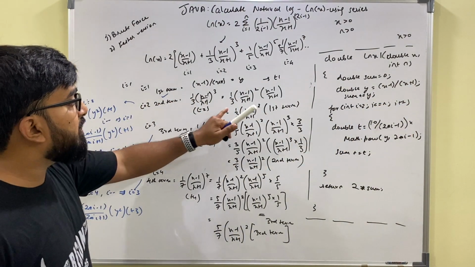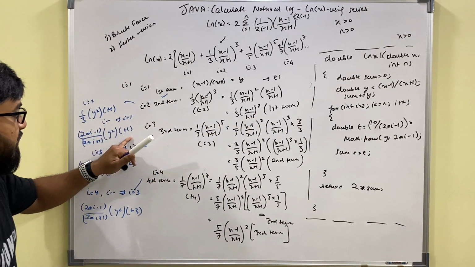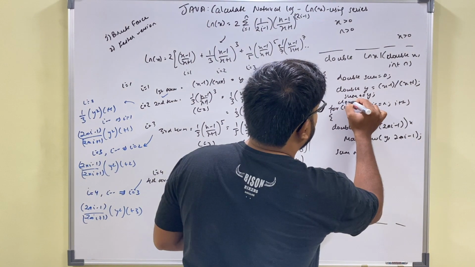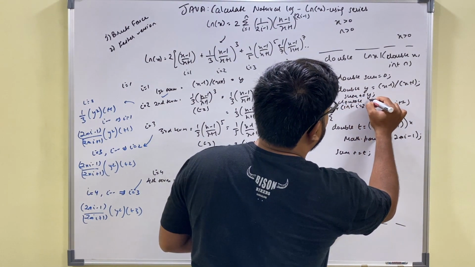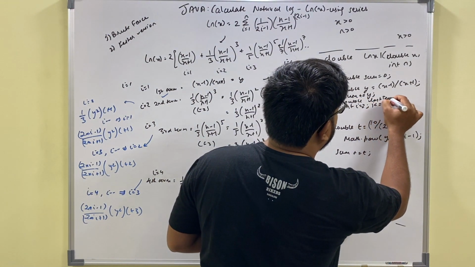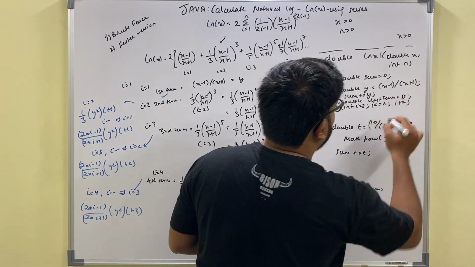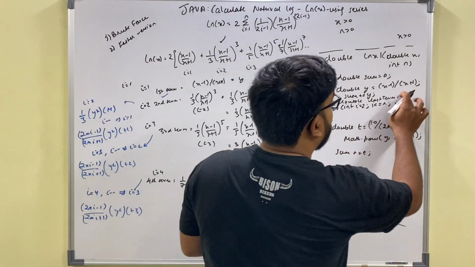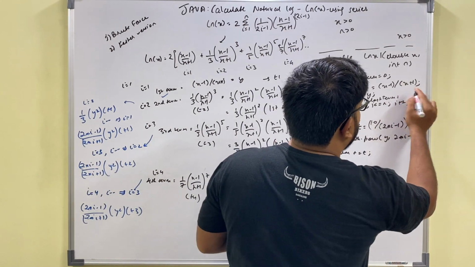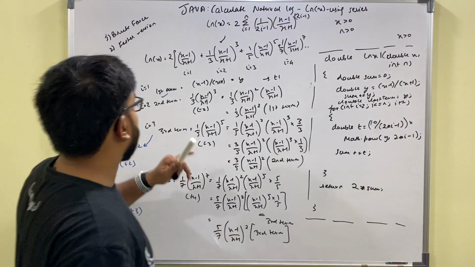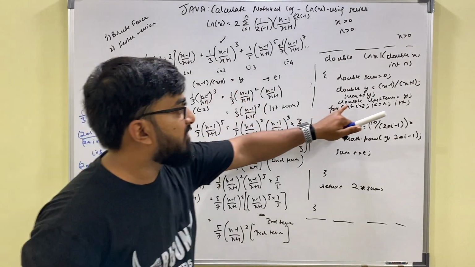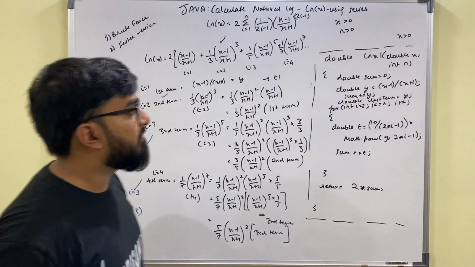And I also need to find the previous term before calculating each term, so I'll say double last term equal to y. Because when I have to calculate the term for I equal to 2, the last term is going to be x minus 1 upon x plus 1. For I equal to 2, my previous term is this y. So I have taken last term in a separate variable.